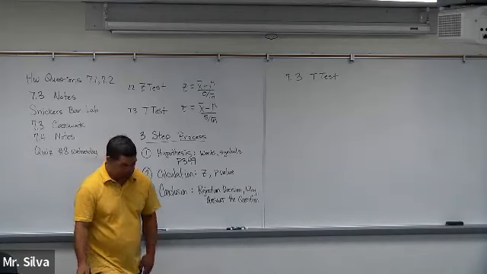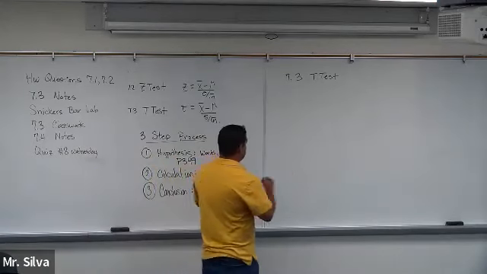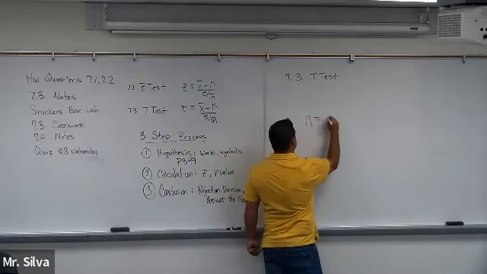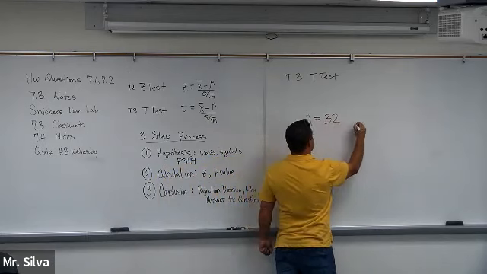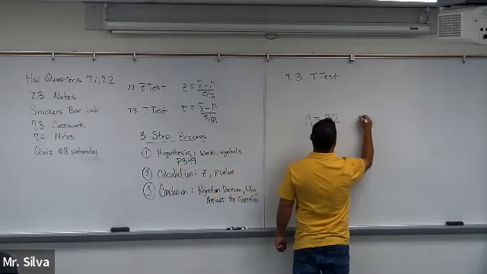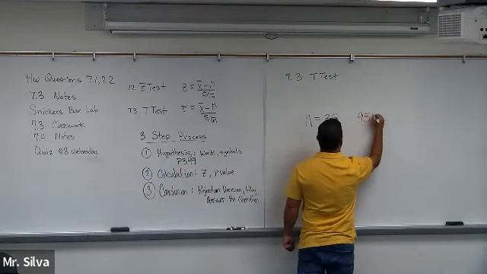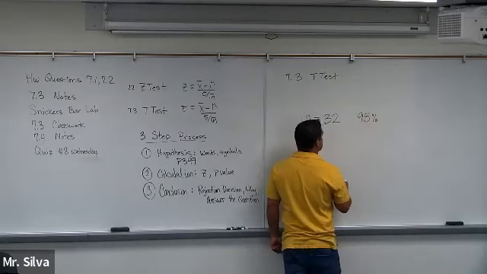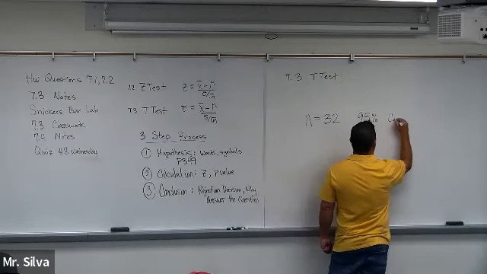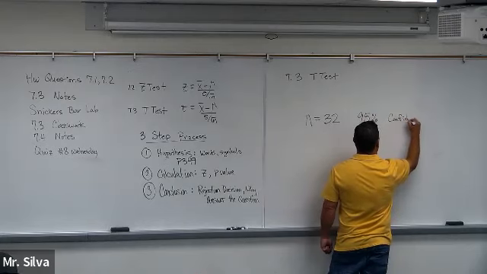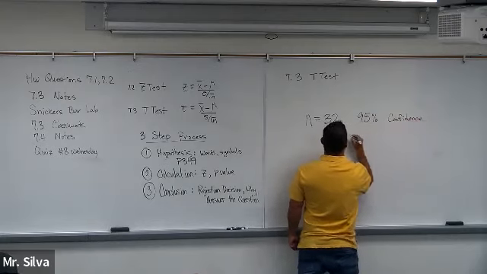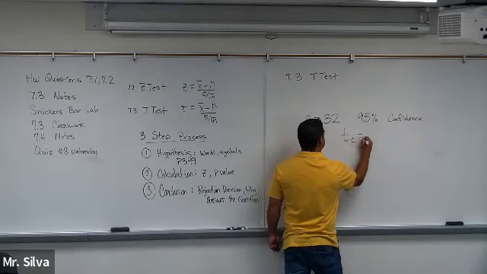So I mentioned if n equals 32 and 95% confidence, what is that T critical value?